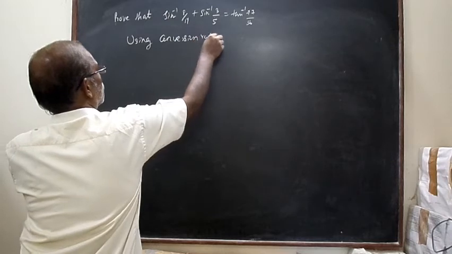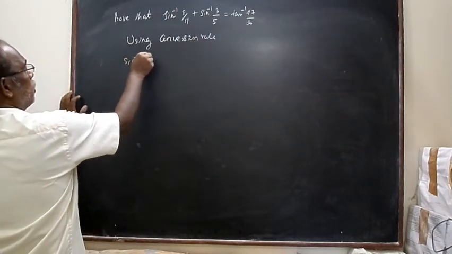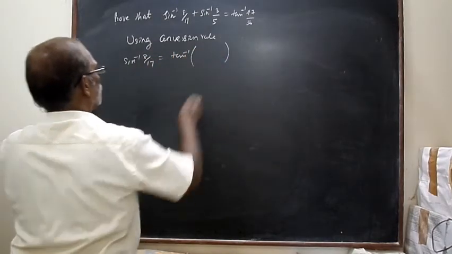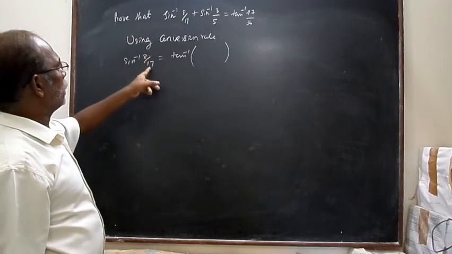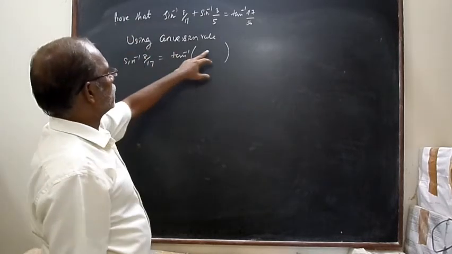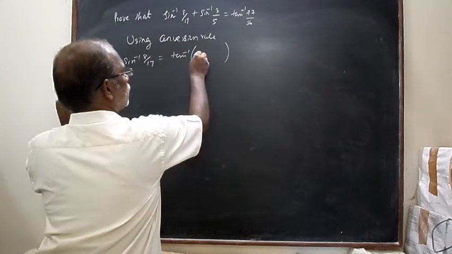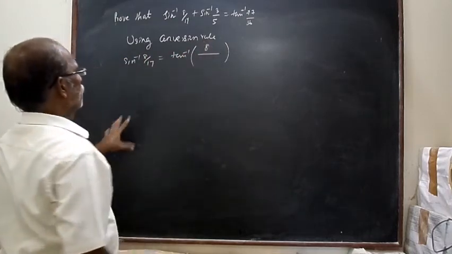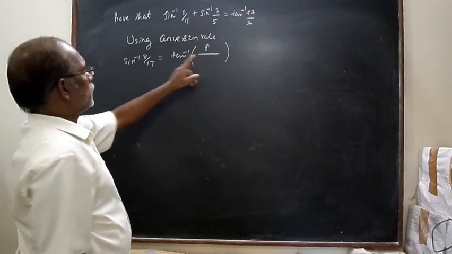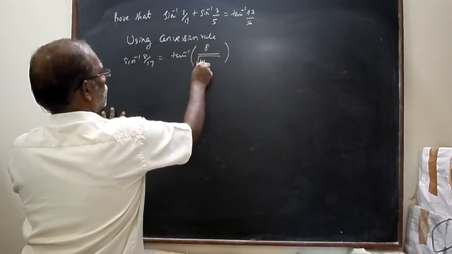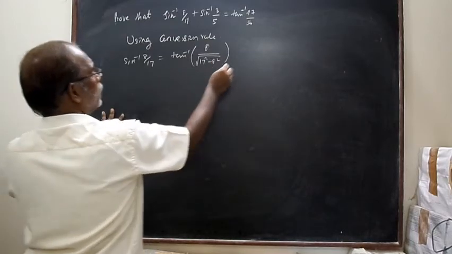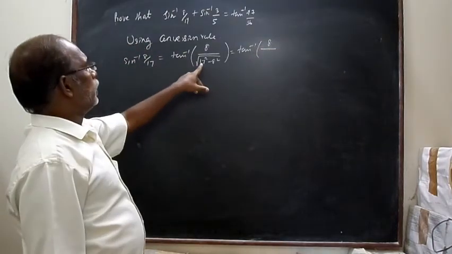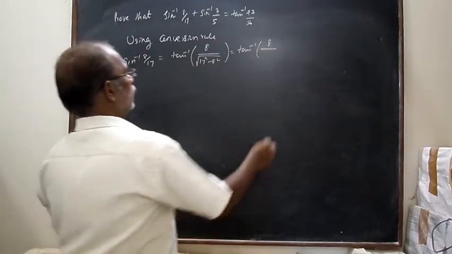Using the conversion rule, we should write sin inverse of 8 by 17 as a tan inverse. So sin theta equals 8 by 17, then tan theta: here the opposite side is 8 and the hypotenuse is 17, so the adjacent side is root of 17 square minus 8 square, that is 289 minus 64, 225, 15.